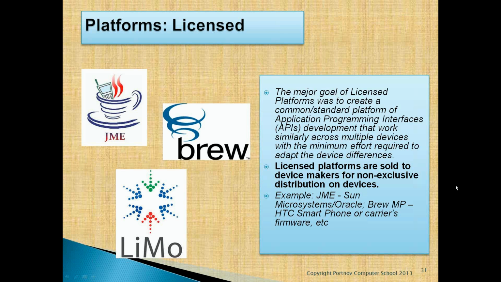The idea was just to create some standard APIs, application programming interfaces, so they work interchangeably between many different devices, makers and companies. But the idea actually failed because with the involvement of open source, people use these license platforms less and less. The most famous and important is Java ME, which was run by Sun Microsystems, and now it's Oracle.